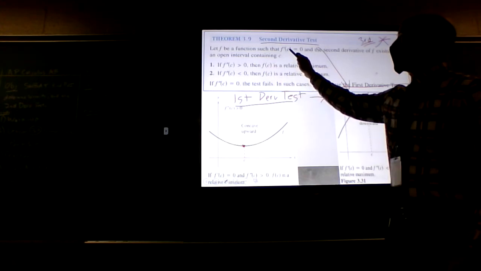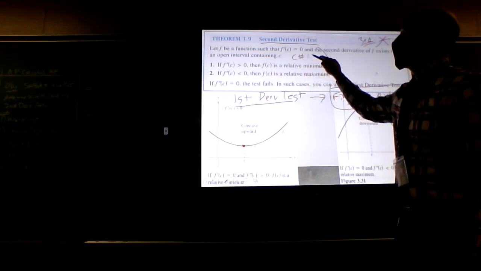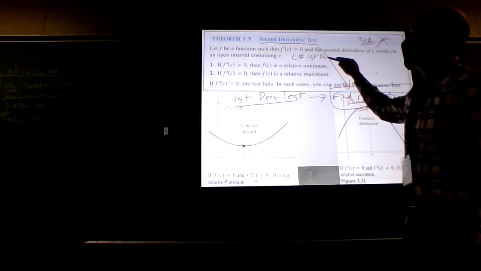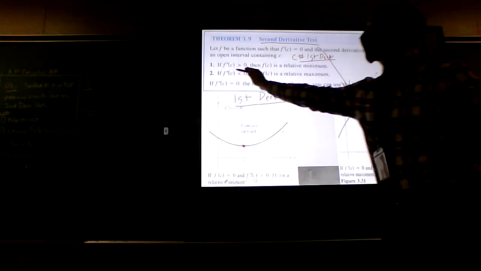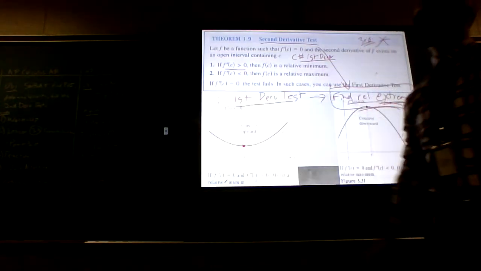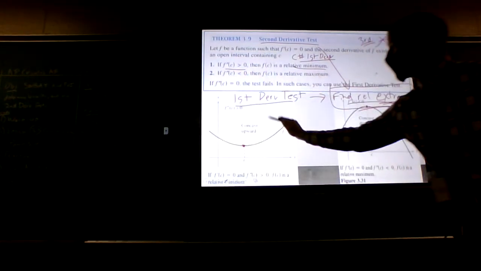If we get a critical number, by the way, I should note this. This is a critical number of the first derivative, because the critical numbers of the first derivative is where we have possible extrema. If we plug that into the second derivative and it turns out the second derivative is greater than 0, in other words, it's concave up, then it's a relative min. That's this example here.